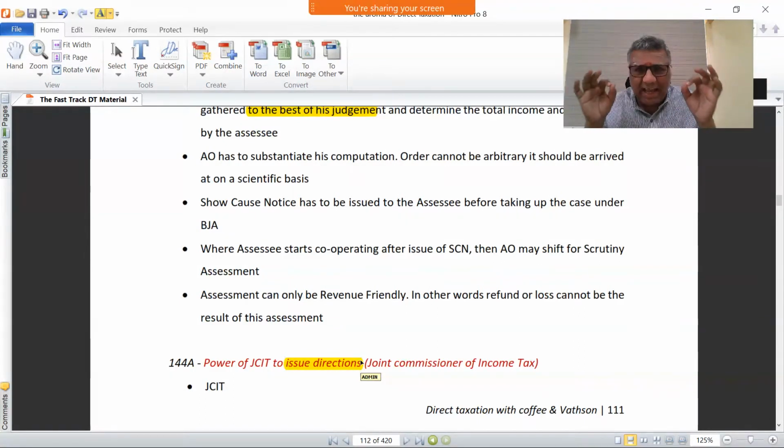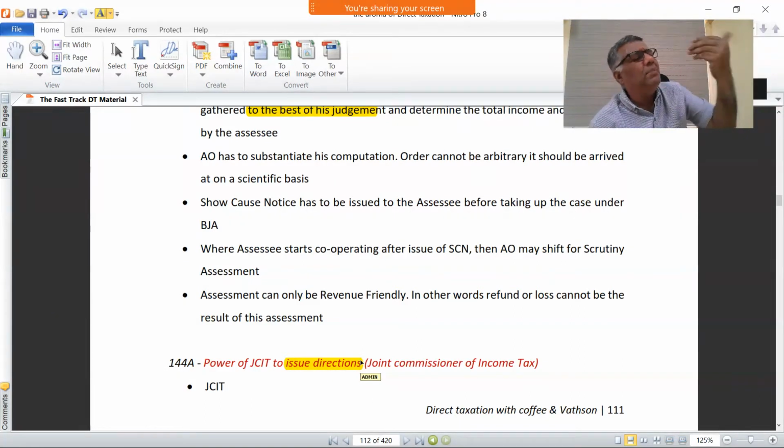So what the Joint Commissioner will do, either on his own or on a reference made by assessee. Assessee will say if AO is prolonging. AO will say if assessee is prolonging. He will take up the case, look through the case and say, complete the assessment like this.